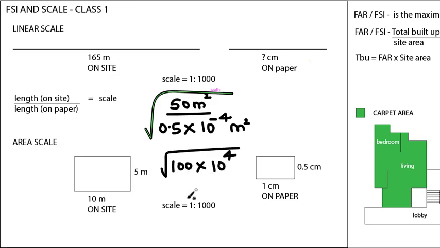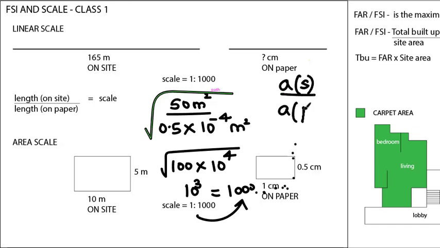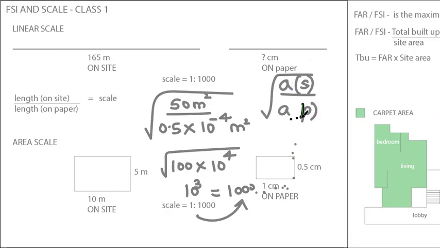So this becomes 10 raised to 6, and the square root of 10 raised to 6 is 10 raised to 3, that is 1000. Okay, so that's how you can find out the scale. All you have to do is area of site divided by area on paper. Okay, taking square root of this. Make sure the units are the same while dividing.